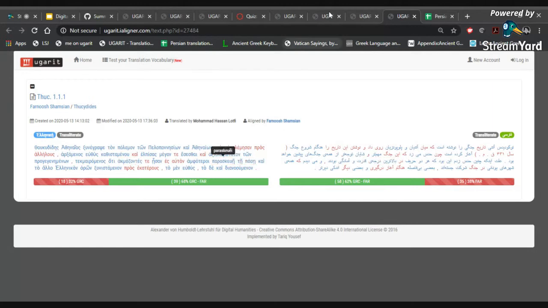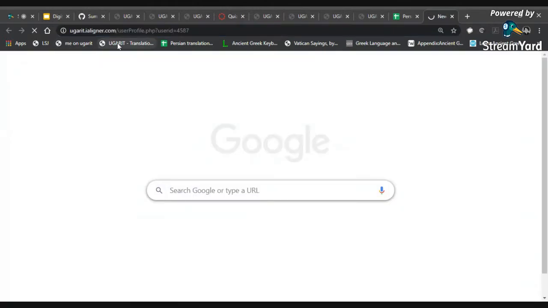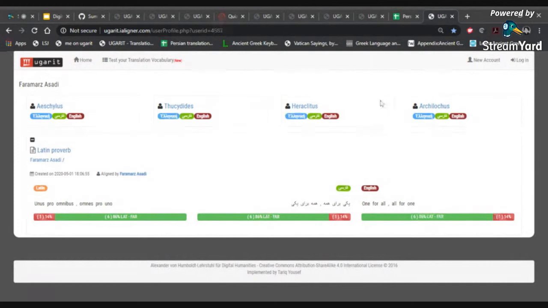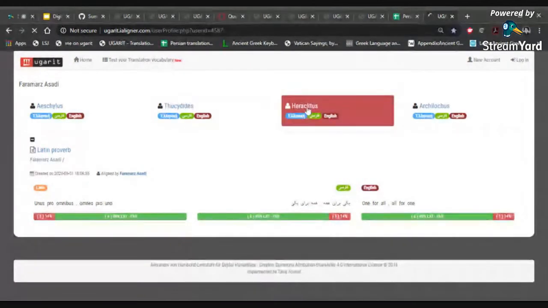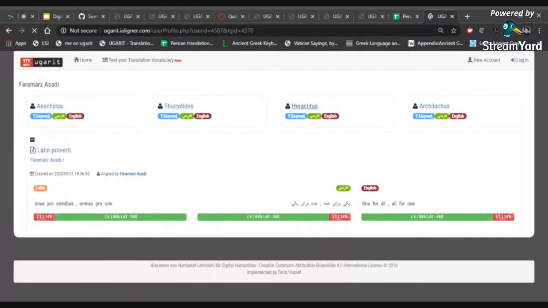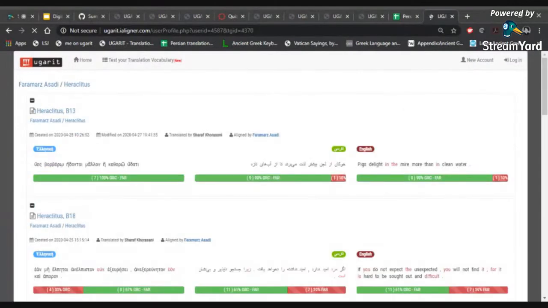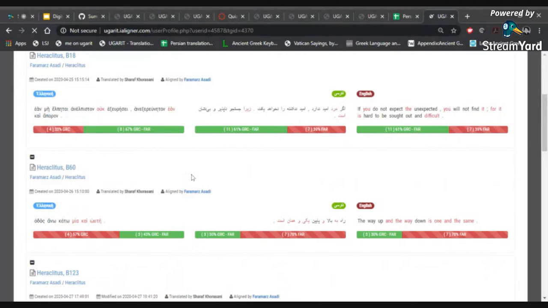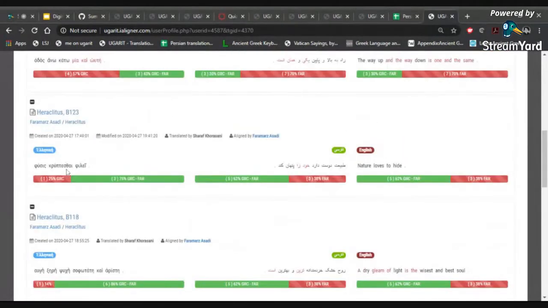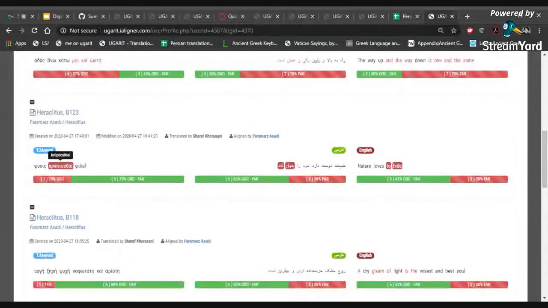I didn't do an alignment from a direct translation and use it in class, but one of the learners did. They aligned a few sentences here, which seem to align quite closely. This is a direct translation by Sharaf Khorasani. We saw the name of this translation in the slides.